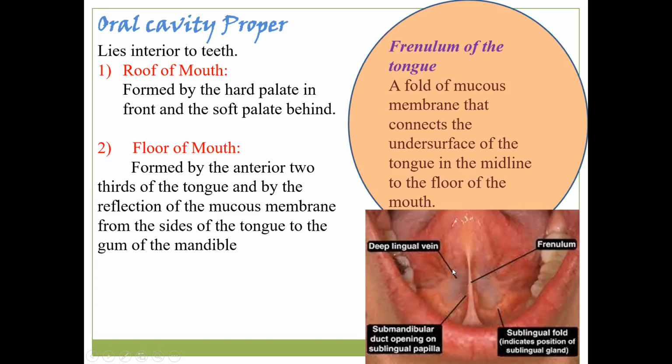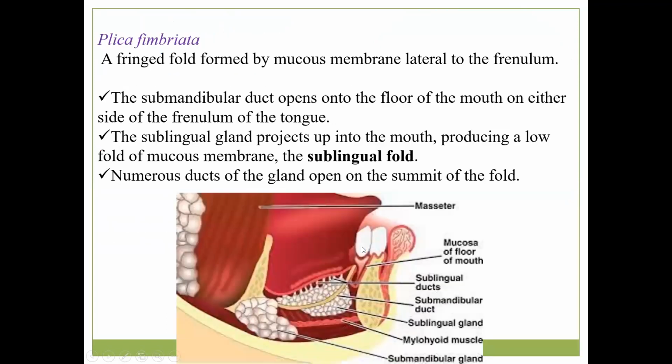These are the important structures you will see on the floor of the mouth. There is also something called plica fimbriata, a fold of mucous membrane lateral to the frenulum. So, it's just to know.